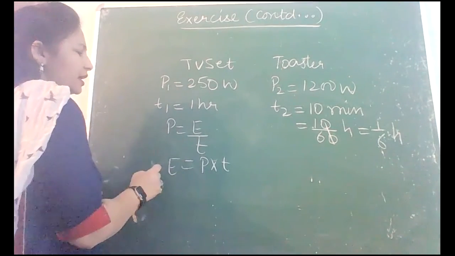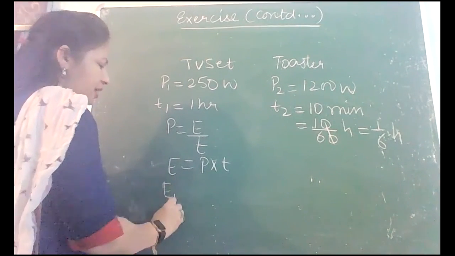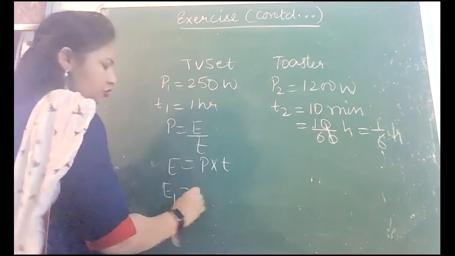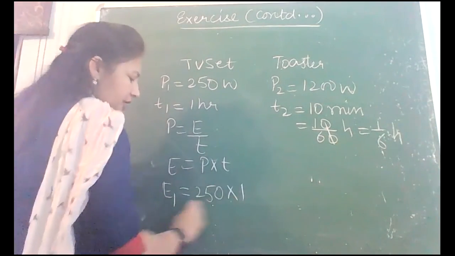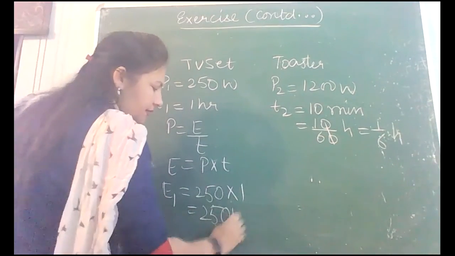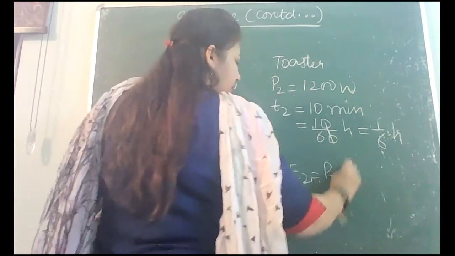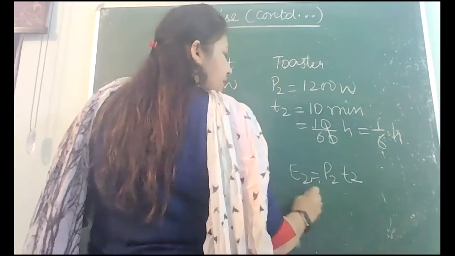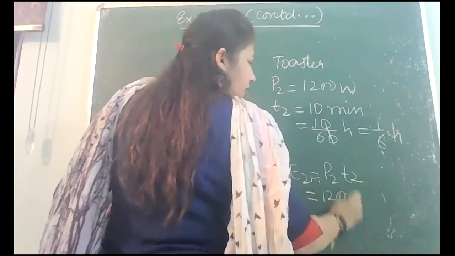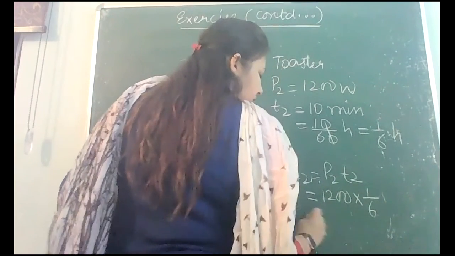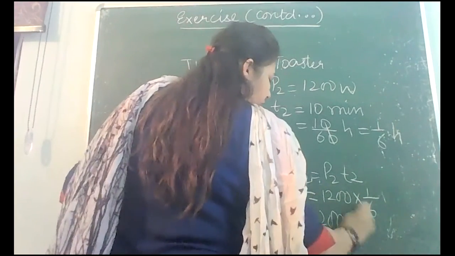Let us find, in the first case, the energy consumed by the TV set: P1 T1, 250 into 1, that is 250 watt hour. Now let us calculate the energy consumed by the toaster: P2 T2, that is 1200 into 1/6, that is 200 watt hour.